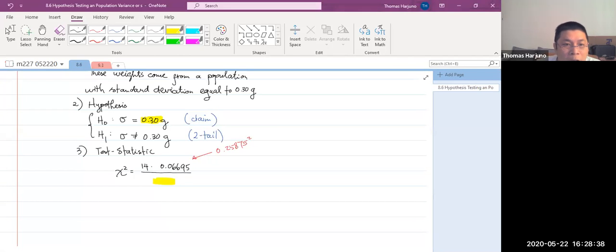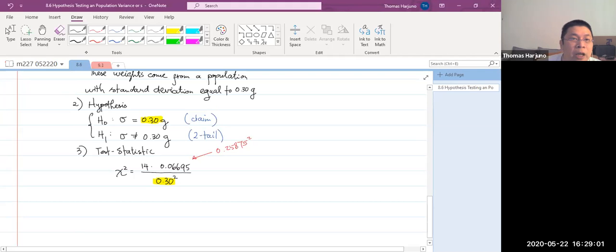So then I have to put 0.30 squared. If what we have in step 2 null hypothesis is sigma squared already, population variance, then I don't need to square that in step 3. It's already sigma squared.